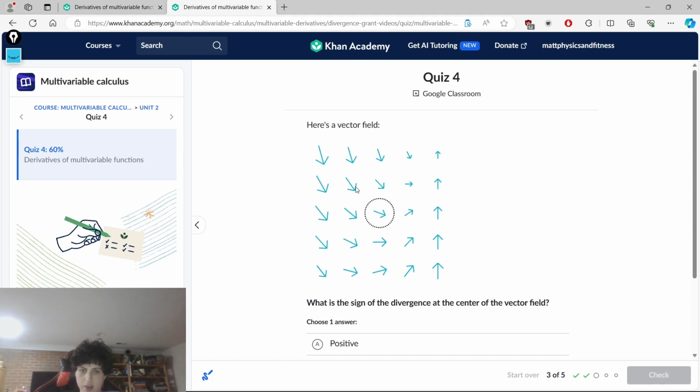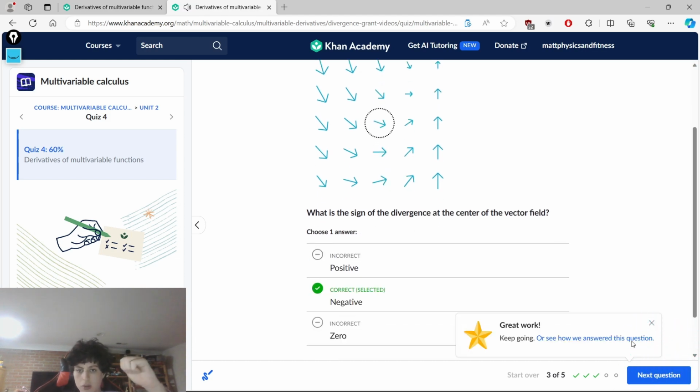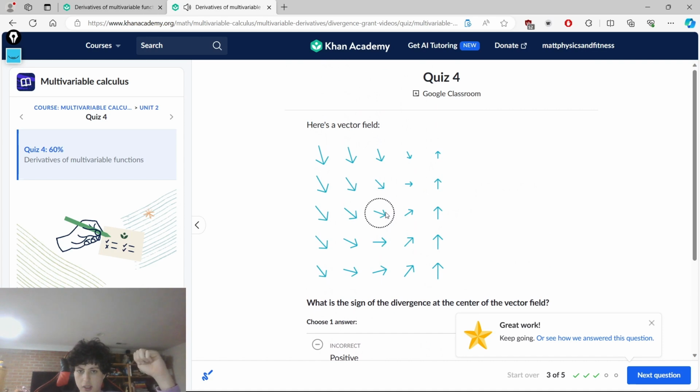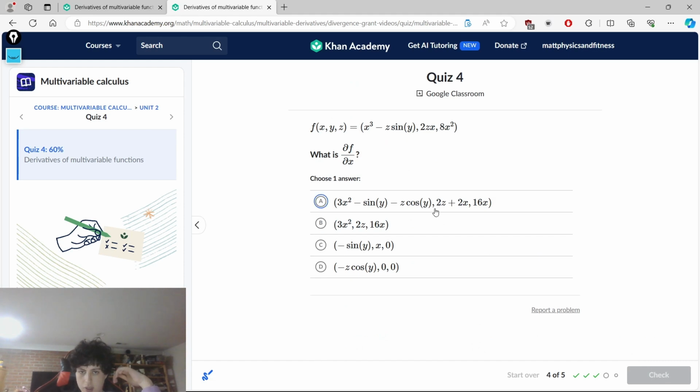So it would be gaining fluid, which means it's negative. Woo! Nice! Because the things coming into it are bigger than the things going out of it, so it's negative. The divergence is negative. The divergence is positive when the stuff leaving the circle is big. That makes sense. Divergence leaving is big.